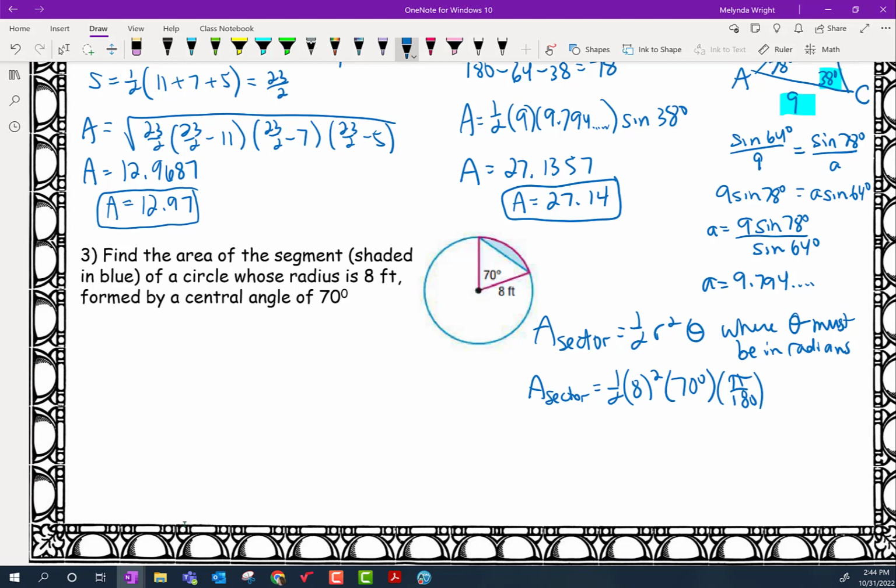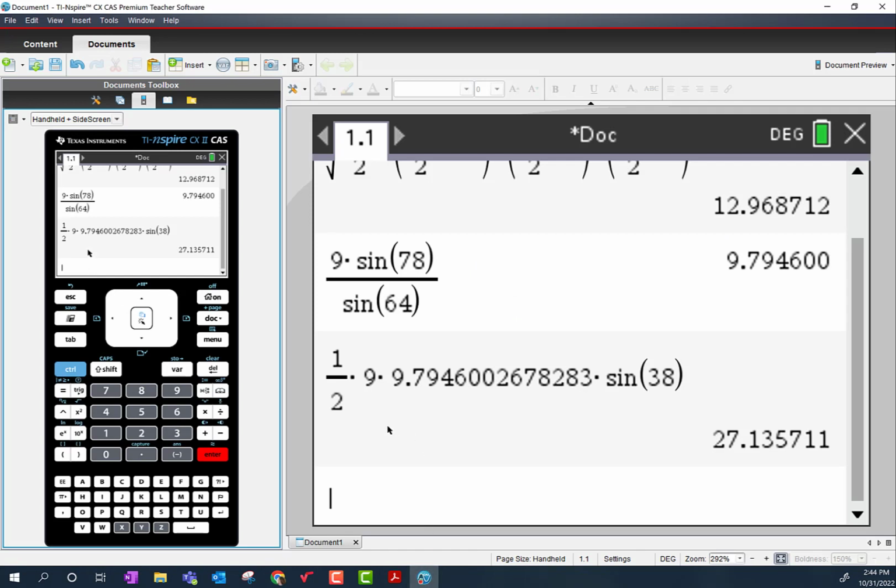Since there's no trig involved whatsoever, it does not matter whether I'm in degrees or radians. We're just multiplying a bunch of numbers together. So let's go to our calculator and multiply them.